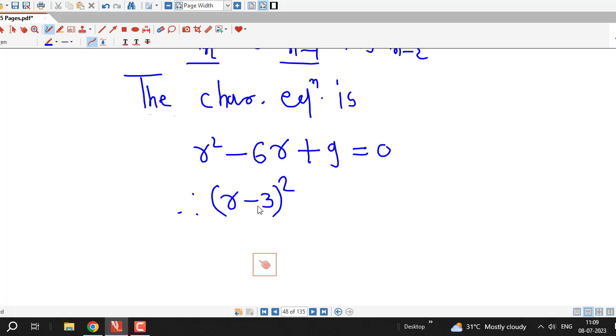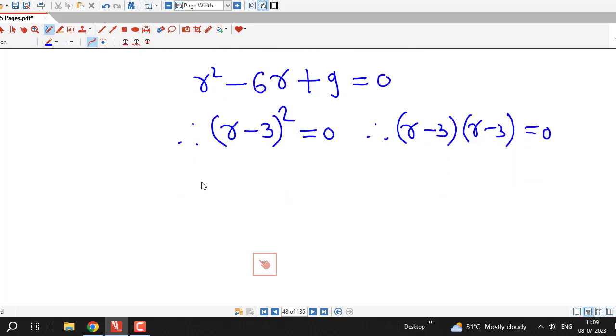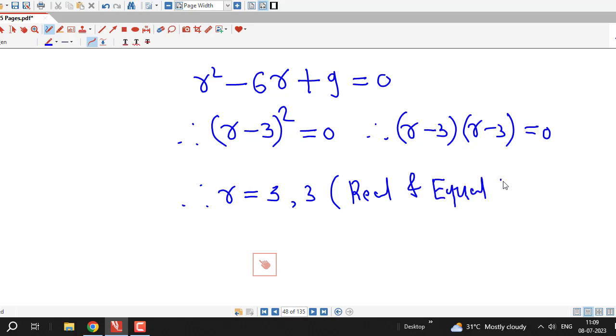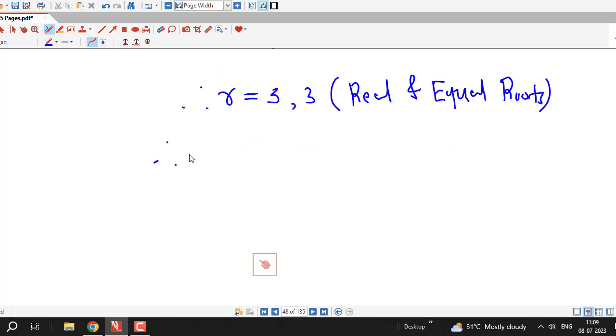This is r squared minus 2 into 3, that is 6r, plus 9 equal to 0. Therefore we have r minus 3 times r minus 3 equal to 0, and hence we have real and equal roots. We have r equal to 3, which is repeated.